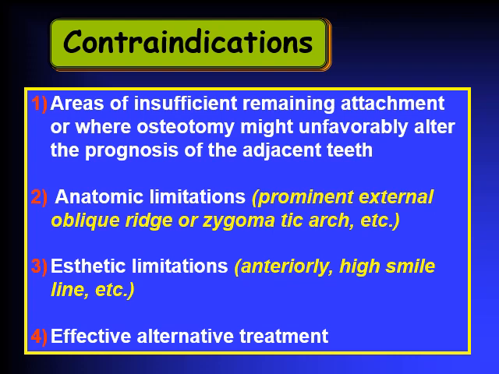Or aesthetic limitations, such as a high smile line, or when you do it anteriorly; these are all contraindications for ostectomy. Or if there is an effective alternative treatment, such as bone regeneration or other treatment which is an alternative to ostectomy.